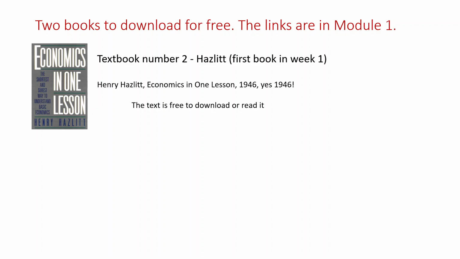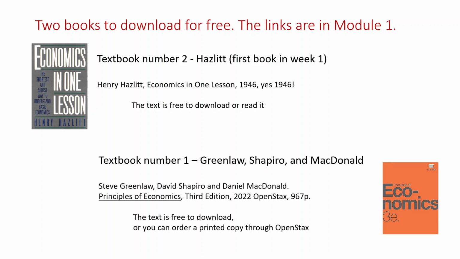It's actually an excellent, excellent text. The second one, which is our primary text, so I call it textbook number 1, is Greenlaw, Shapiro, and McDonald. Now, I know Greenlaw and Shapiro very well. I went to school with David Shapiro at Ohio State, and this is part of the OpenStax series, which means that it is free. Both books are indeed free.